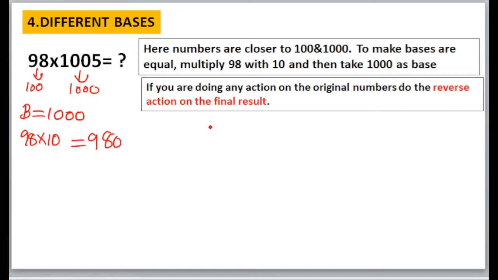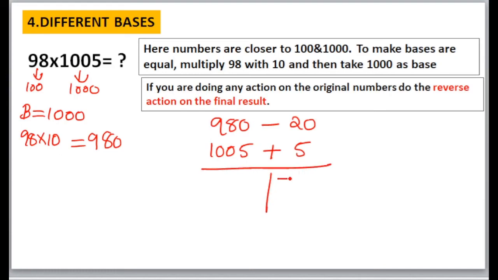So your numbers are 980 and 1005. 980 is 20 less than 1000 and 1005 is 5 greater than 1000. So your answer will have negative term, that is 20 into 5 is equal to 100. But your 1000 has 3 zeros and your RHS has 3 digits, so that's okay. And your LHS 980 plus 5 is equal to 985.